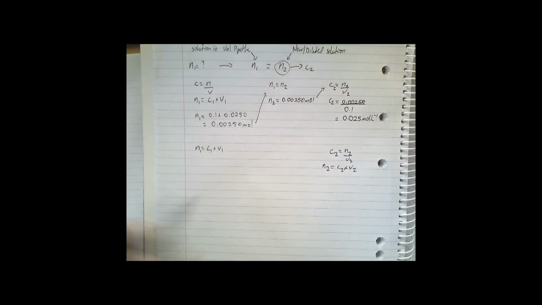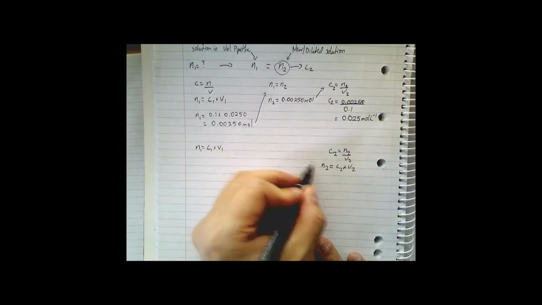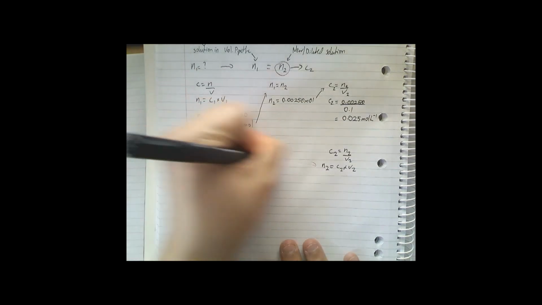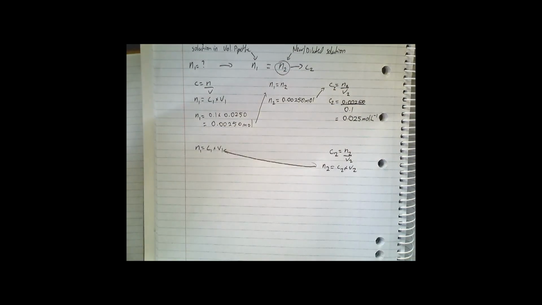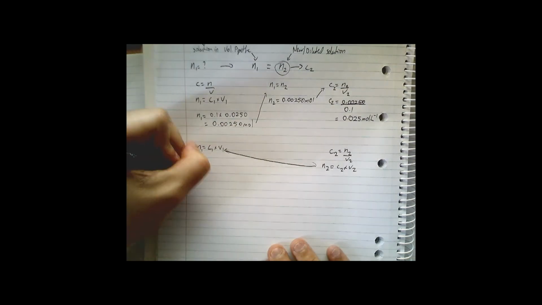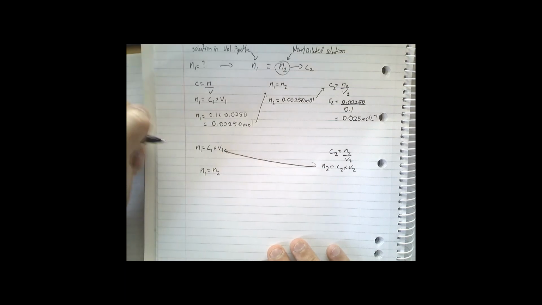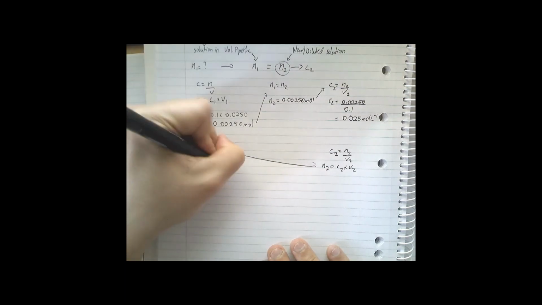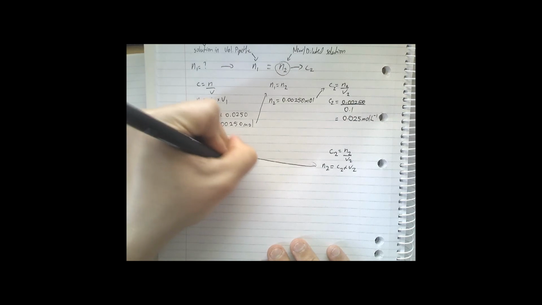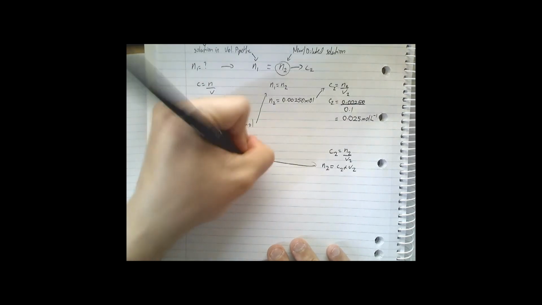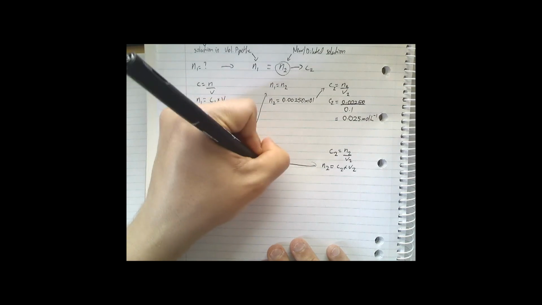Now, what we should see is that there are some similarities between these two equations. They have exactly the same structure, and what we also know is that N1 is equal to N2. If N1 is equal to N2, then they both must also equal C1 times V1. And all of those also equal C2 times V2.